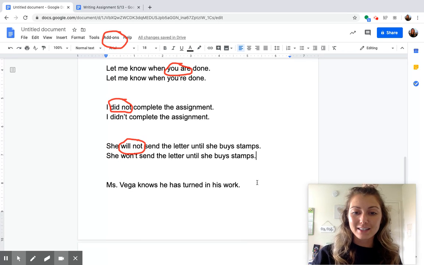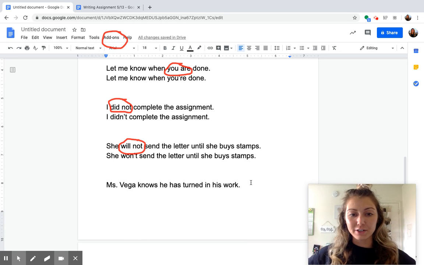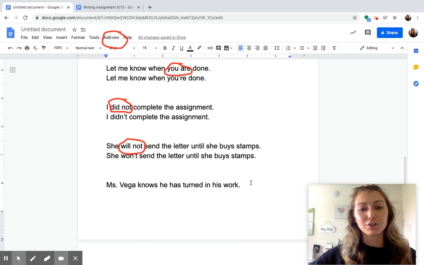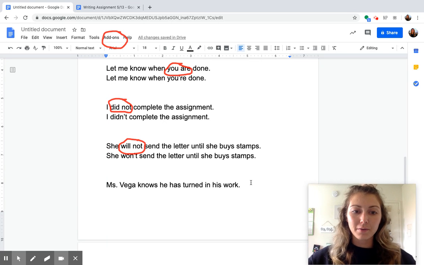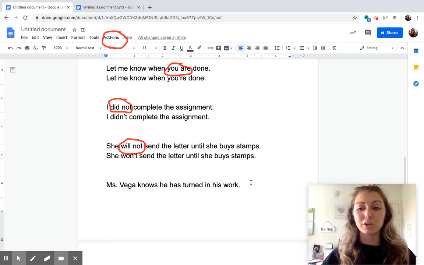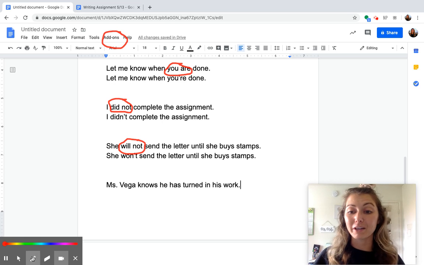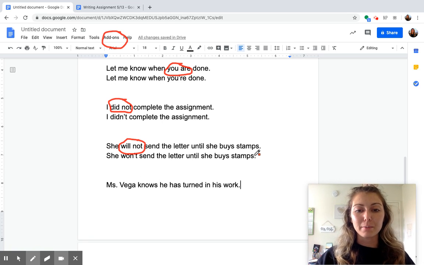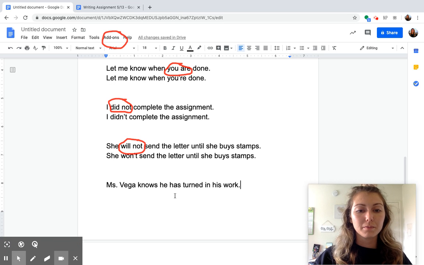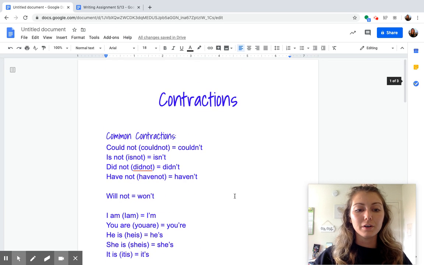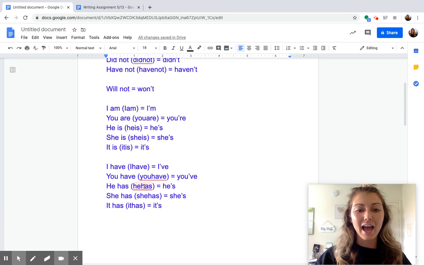Let's look at our next example. Miss Vega knows he has turned in his work. What 2 words can be used to form a contraction here? Looking back up at our examples, I know that he and has can be combined to create he's.